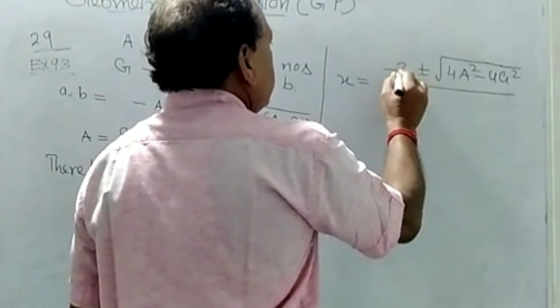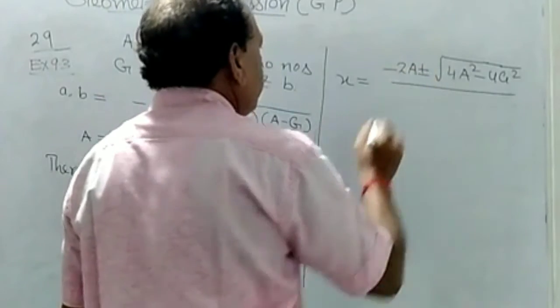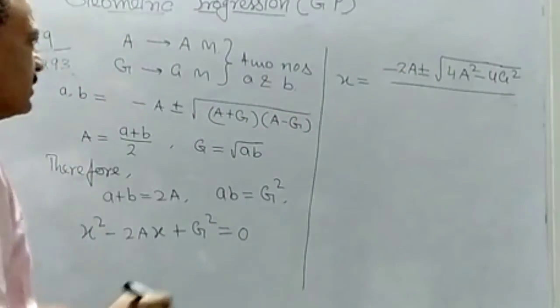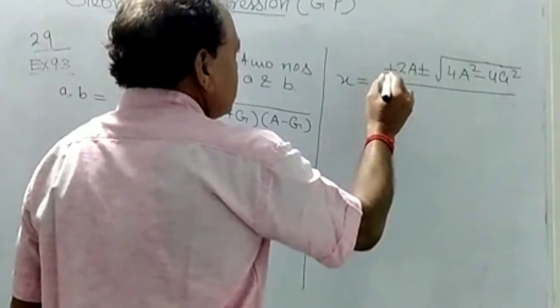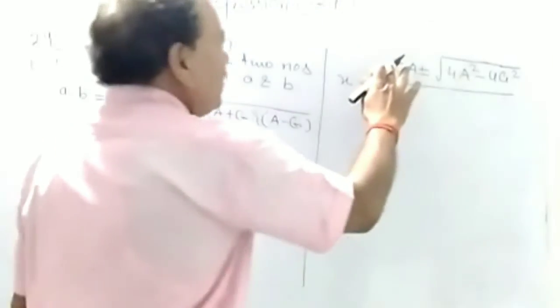In the place of b there is 2A, and the minus minus becomes plus, so we get 2A plus or minus.